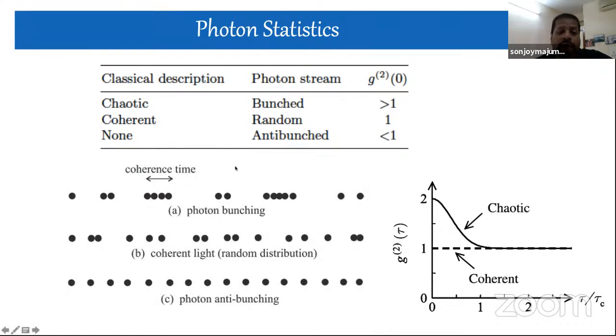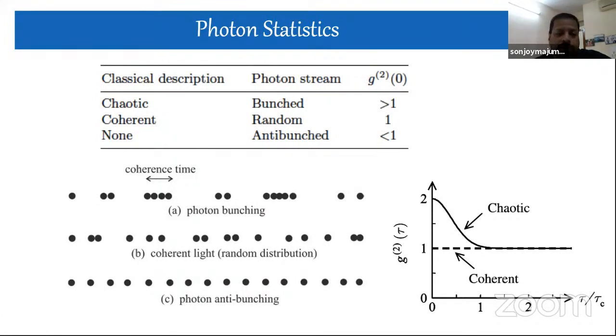So let's say this is the example of coherent light. Photons are coming at random. You see that sometimes 4, sometimes 5, sometimes 2, sometimes 1, they are coming at random. So the photons are coming as bunches, and the number of photons in each bunch is different.